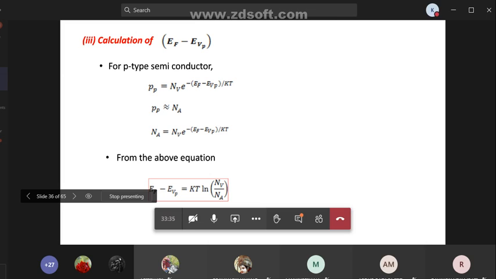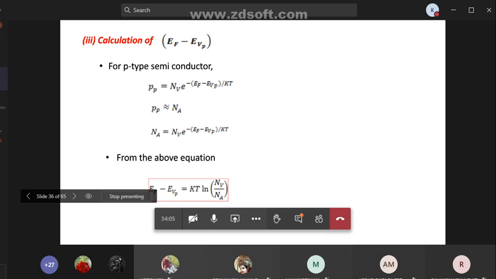From this we can write NA equal to NV into e power minus of (EF minus EVP) by KT. So EF minus EVP equal to KT ln of NV by NA. Okay. So we got ECN minus EF and EF minus EVP.